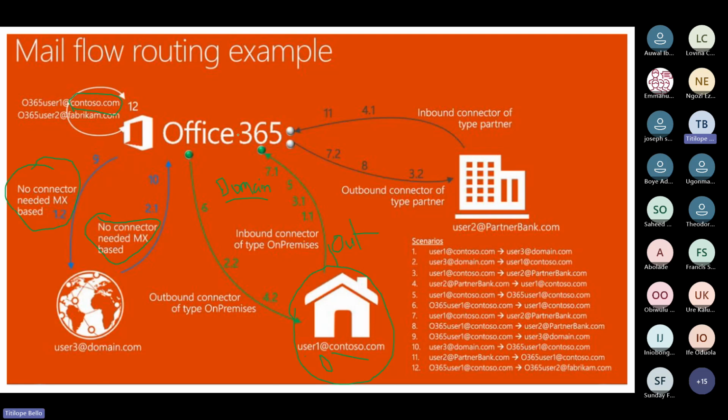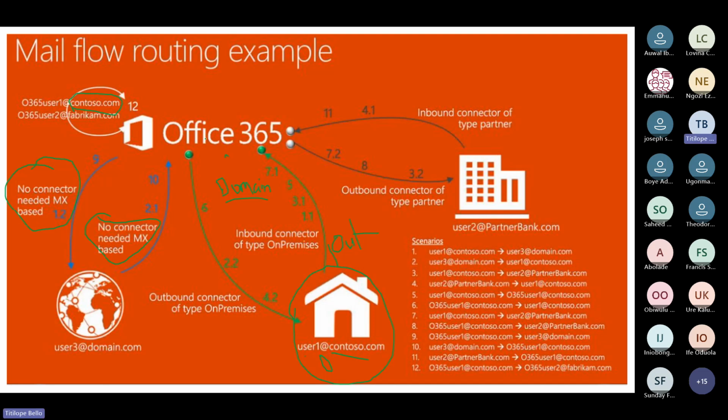Now, when email comes from on-prem to Office 365, the connector that is responsible to receive the email is called an inbound connector because it is coming in.